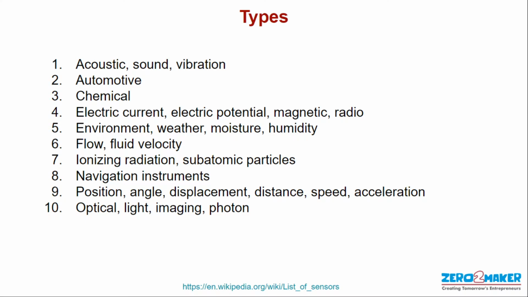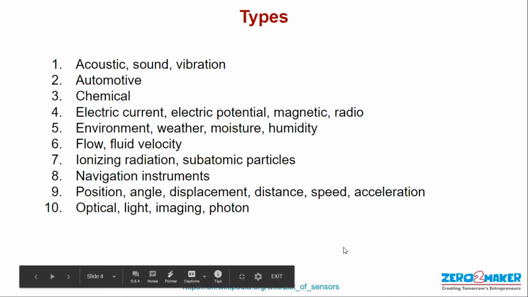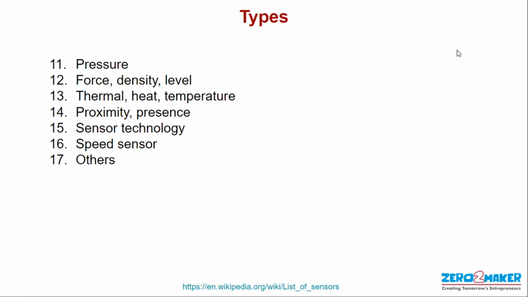Then there are some which detect the environment, such as temperature and weather, all related to climate change. You can study more about this by clicking on the link, which I will show you at the end of the presentation. So let's go forward.